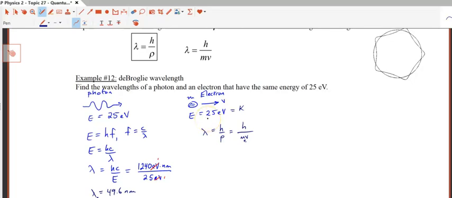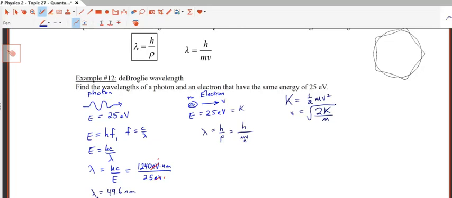I'm hoping you remember your physics from last year. Kinetic energy is simply given by 1/2 mv squared. So if you want to solve for the velocity, that would be equal to the square root of 2 times the kinetic energy divided by the mass. Okay, so go ahead, solve that. I'll stop here for a moment. Stop the video, and you solve it.